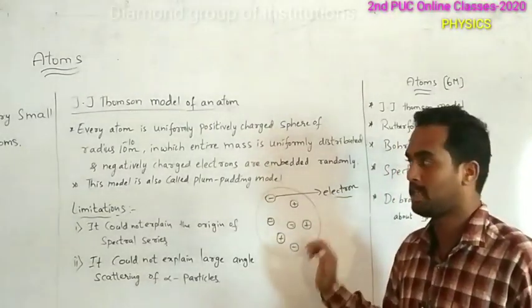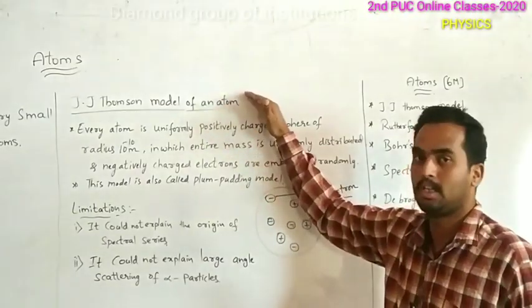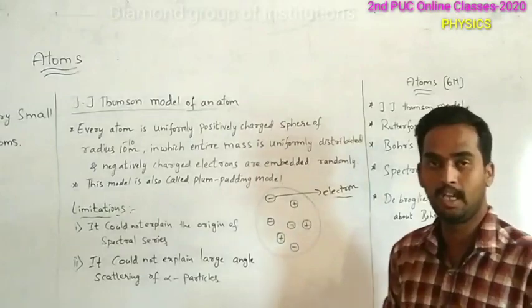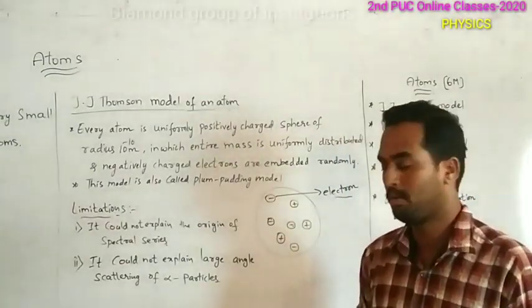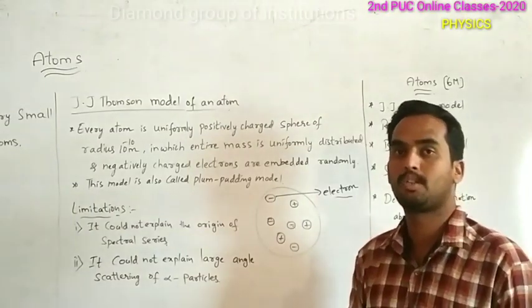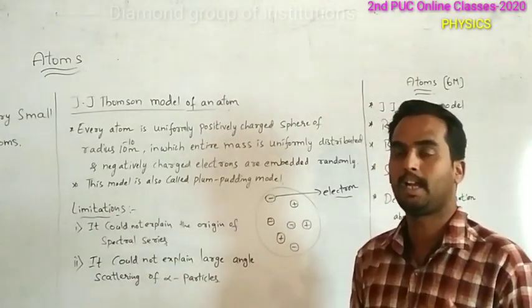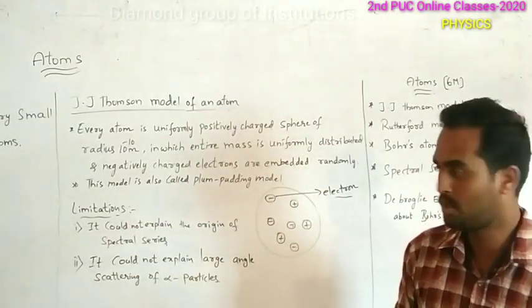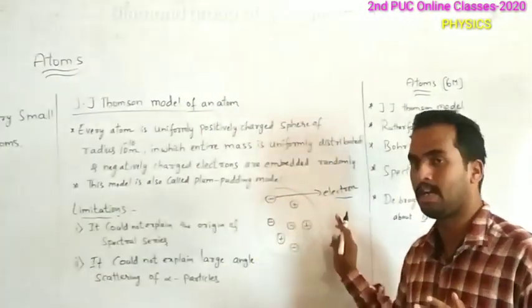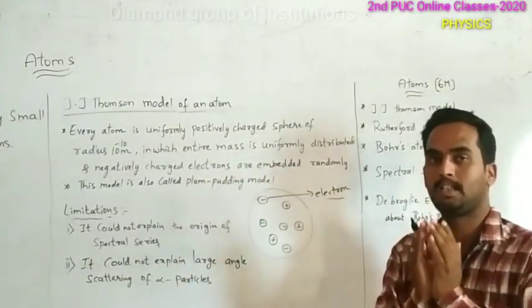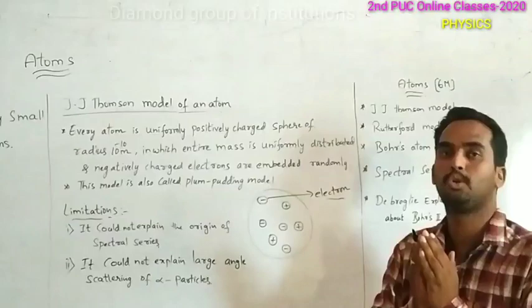And the next experiment after the J.J. Thomson model: Rutherford and his students Geiger and Marsden did the alpha particle scattering experiment. Based on that experiment, they confirmed that the positive charge of an atom is not distributed inside the atom, but is situated exactly at the center of the atom, called the nucleus.